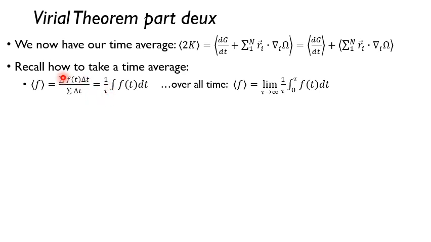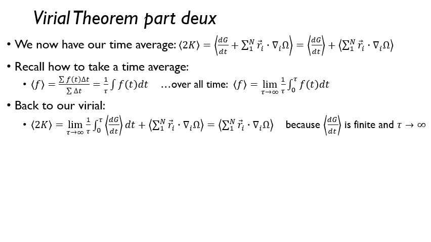And instead of doing a discrete sum here, we're going to take an integral, because we're going to do this as a continuous function. If we want to do this literally over all time, then our time tau goes to infinity, so we're taking that limit of tau goes to infinity, and we're integrating from 0 to tau. Okay, that's how you would do a time average.